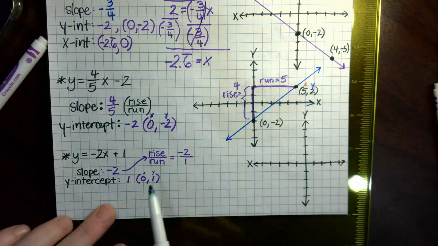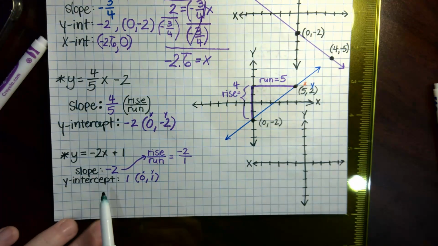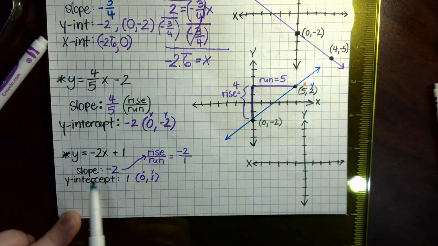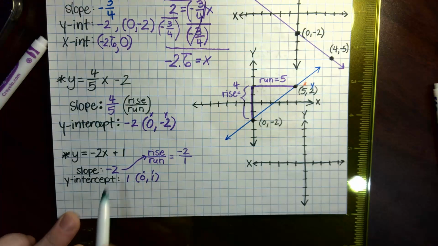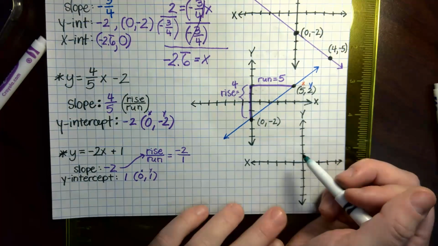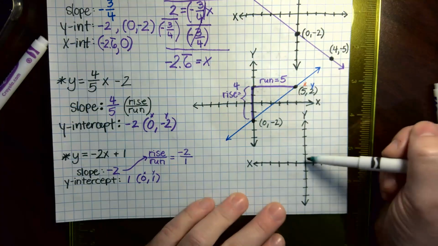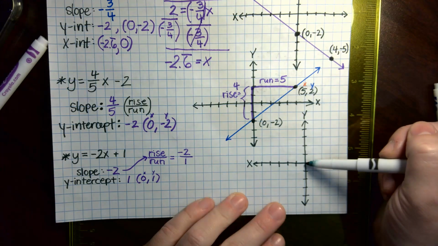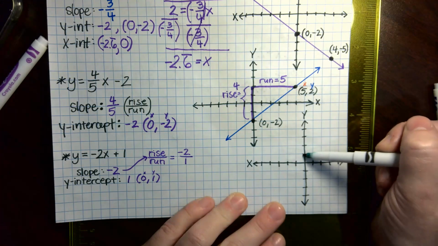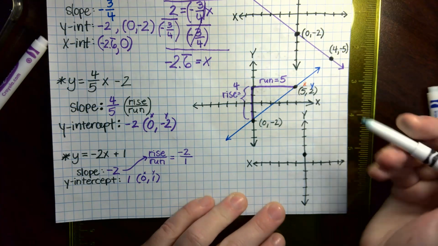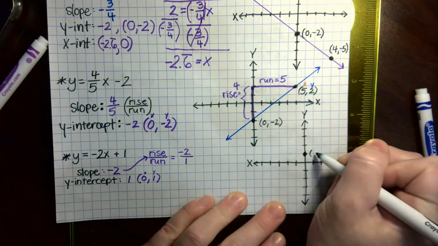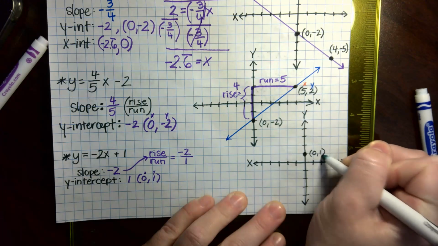Thank you, y-intercept. We always want to start by graphing our y-intercept. That is our starting point. So we're going to look at our x value, and that's 0. We don't need to move in the x direction. And our y is 1. So we're going to go up 1 right here. And we'll go ahead and label that 0, 1.